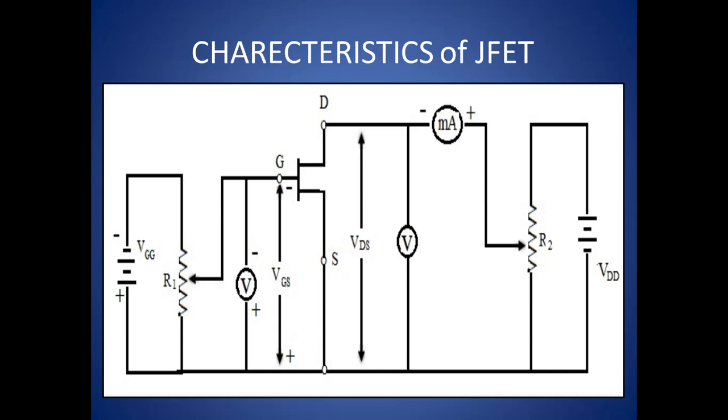The voltage VDS and VGS. VDS means voltage between drain and source. Here voltage between gate and source is measured using the voltmeter connected across the JFET terminals. The drain current is measured using the milliammeter which is connected in series with the potentiometer R2.